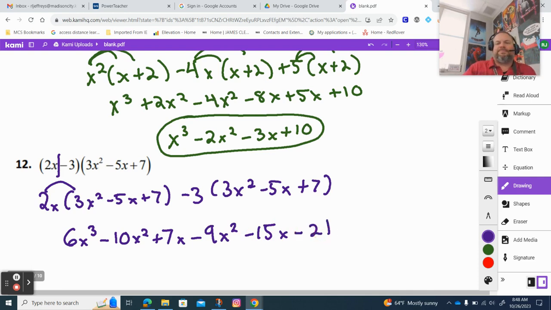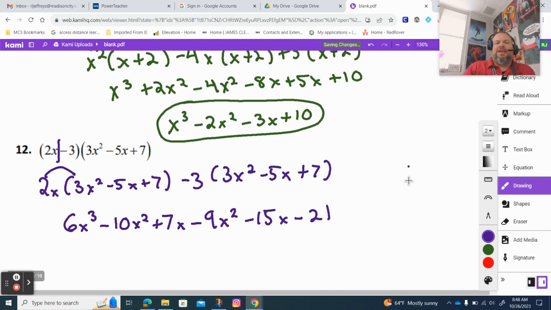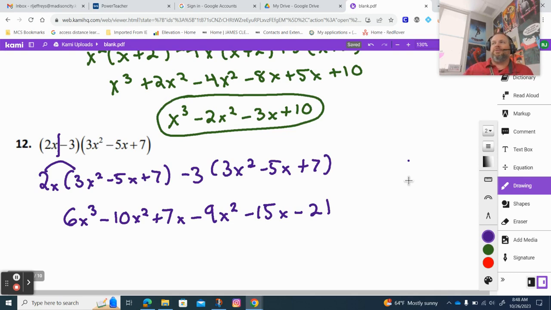Okay, if we have it like this, our like terms are not beside each other. Our squareds are separated. Our x to the first are separated. Again, you could do it either way.